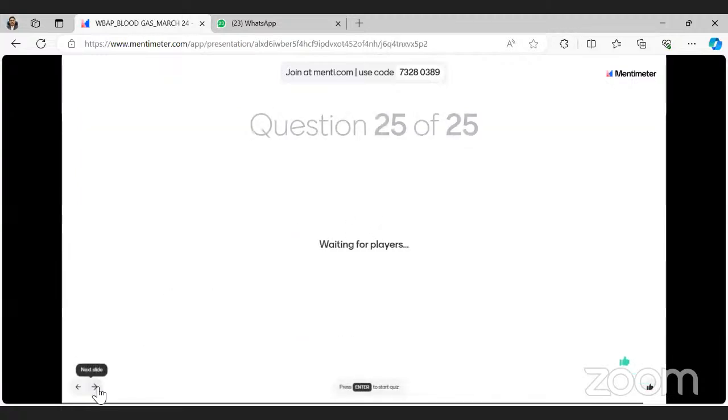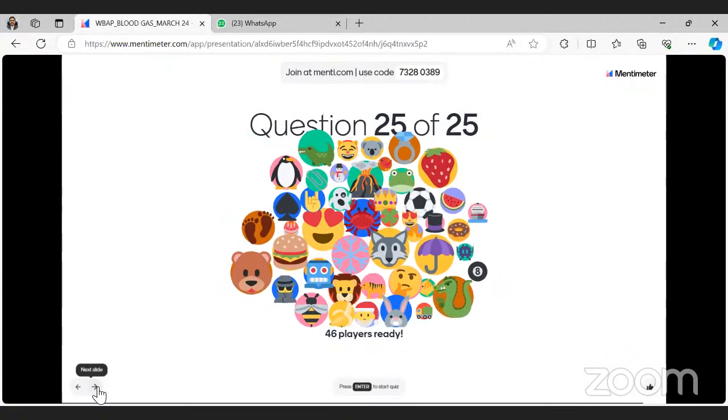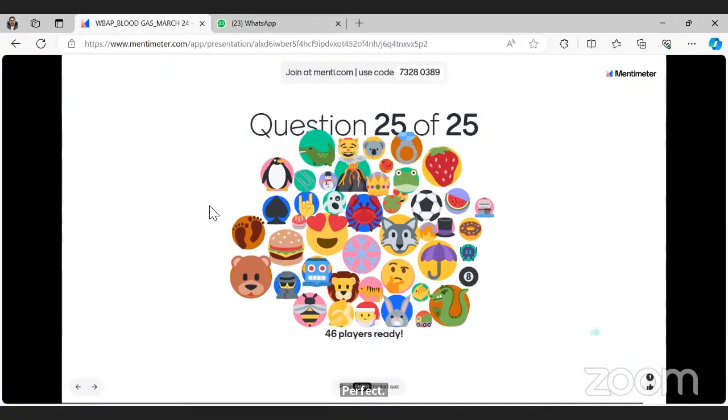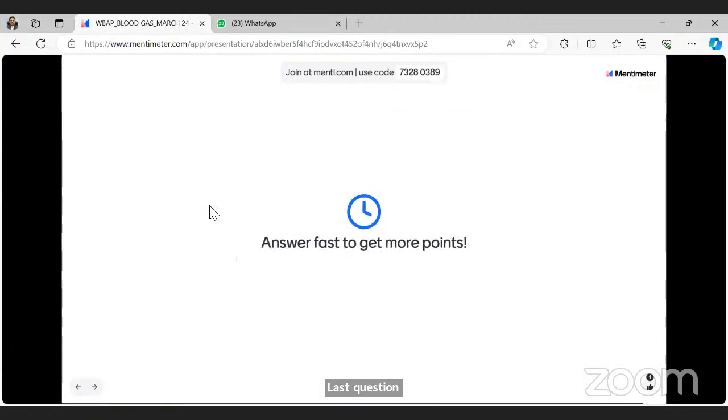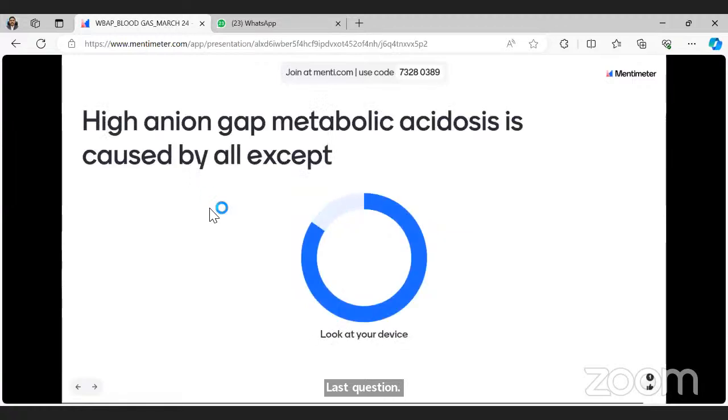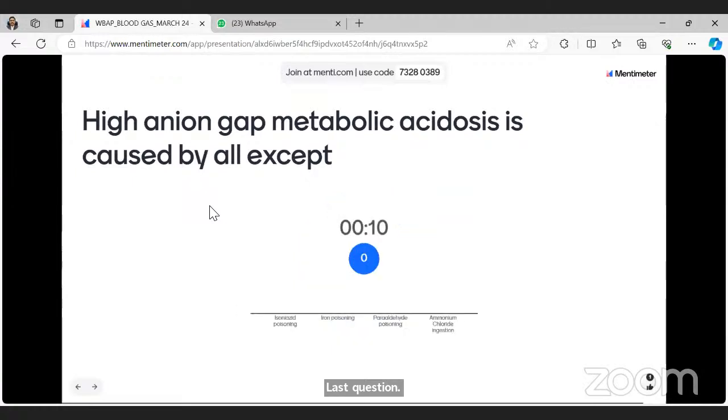Perfect. Last question. High anion gap metabolic acidosis is caused by all except.